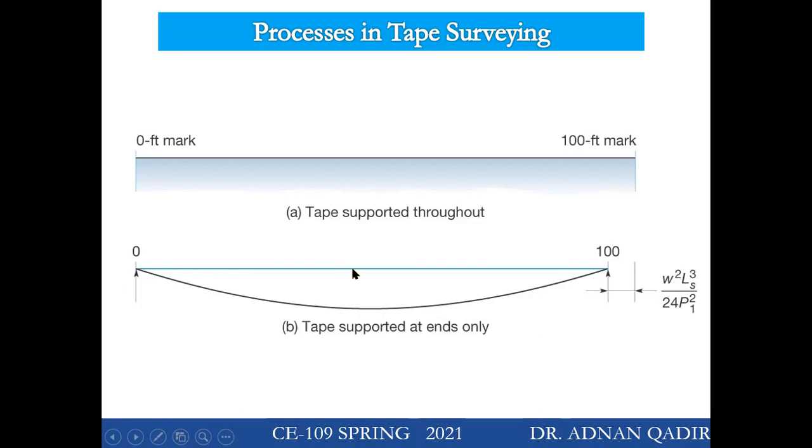But sometimes if you have 120 feet length, one segment LS can be different. Then 24 is the coefficient and P is the pull applied, that can also be measured to stretch the tape.